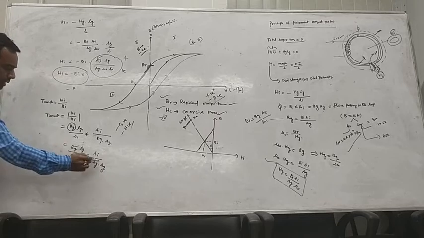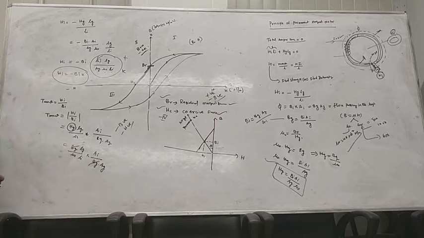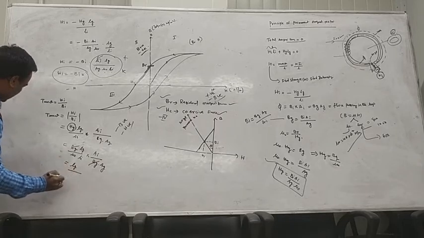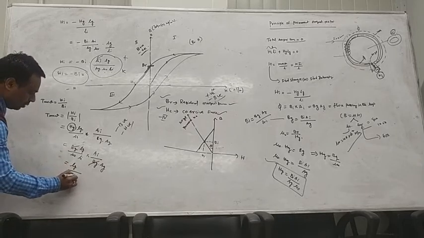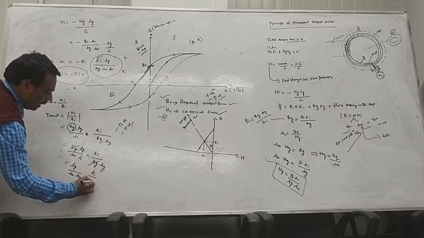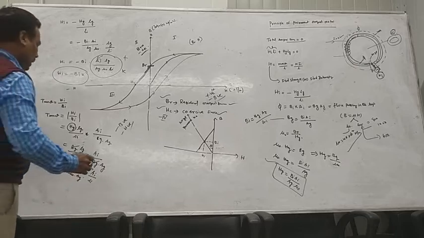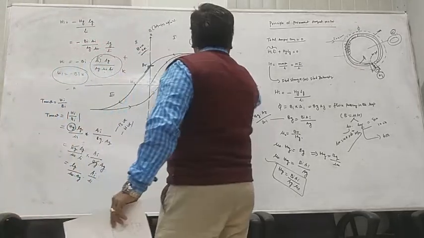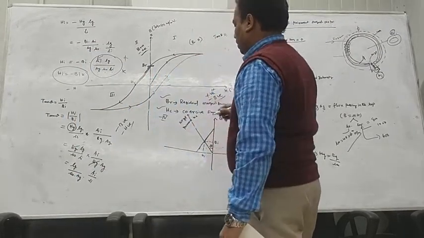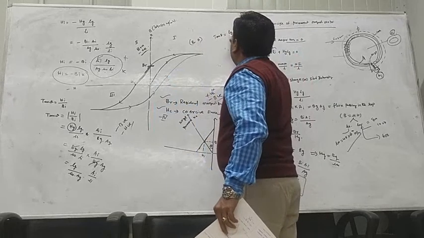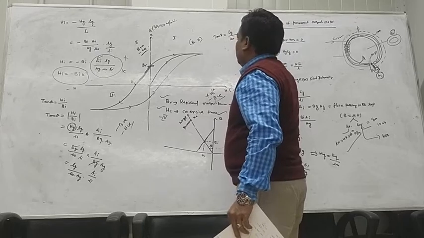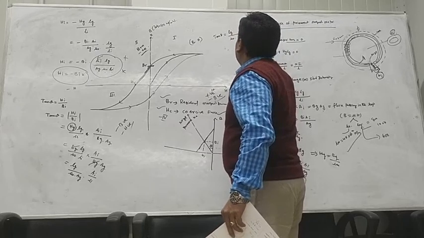Here Bg gets cancelled, so that is equal to Lg by mu naught into Ag into Ai by Li. So finally, tan theta is equal to Lg by mu naught into Ag into Ai by Li.